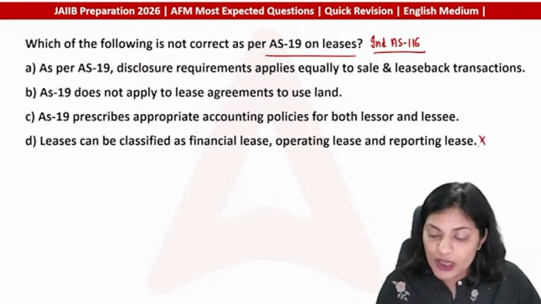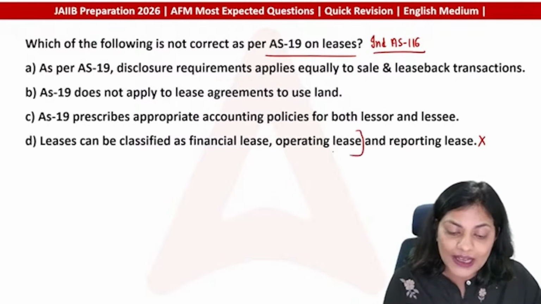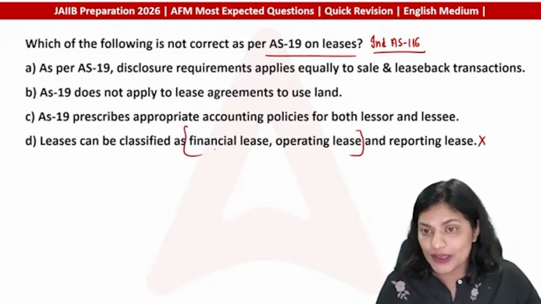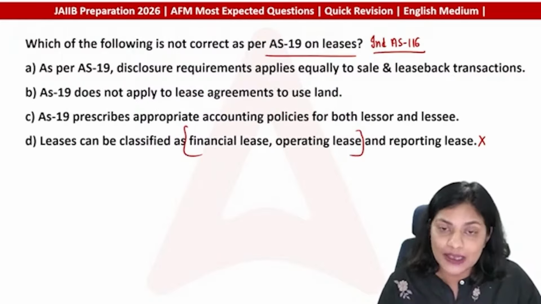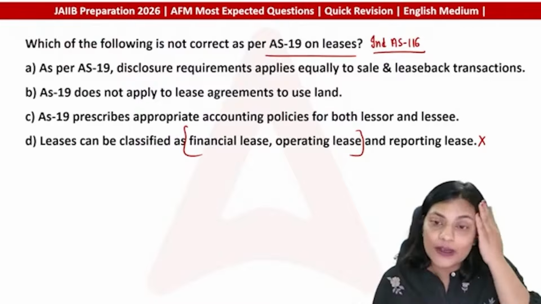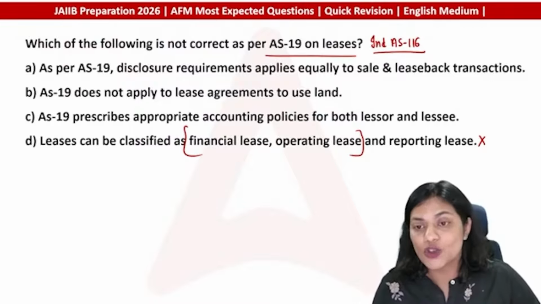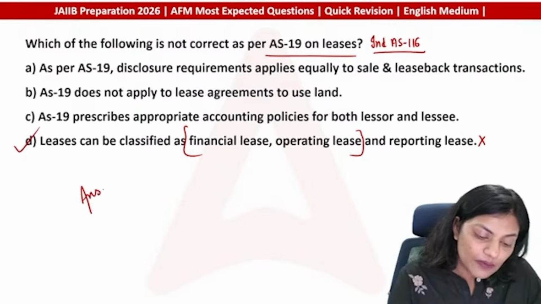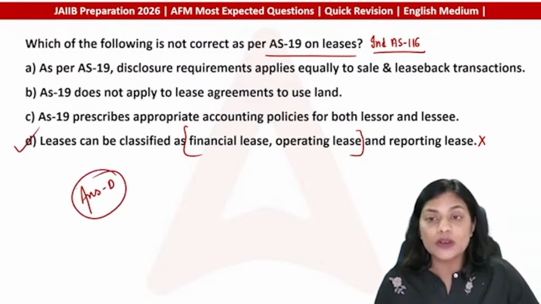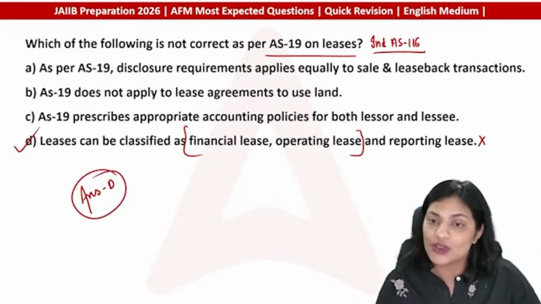That is wrong, because it is only classified as financial and operating as per Ind AS 116 and also as per AS 19. The right answer here would be option number D. Why? Because the statement is wrong. It also covers the term reporting lease, which is incorrect.